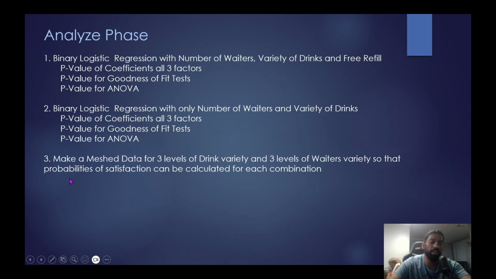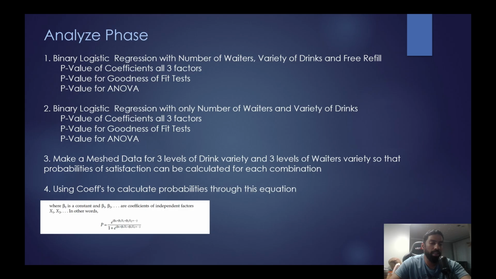To that extent, we used mesh data, and we used that formula to convert factors and coefficients into probability. Finally, we plotted these probabilities on a graph to visualize how the factors affect the probability. And that is the analyze phase.